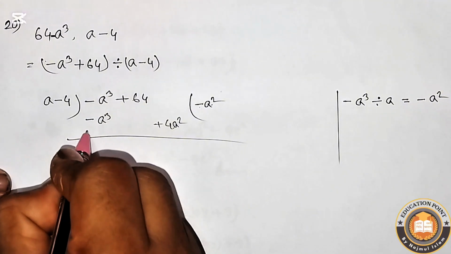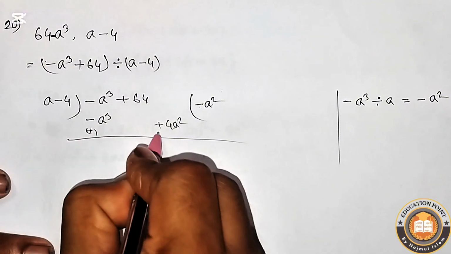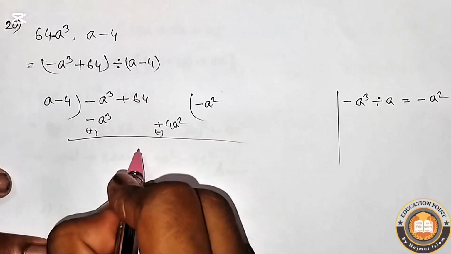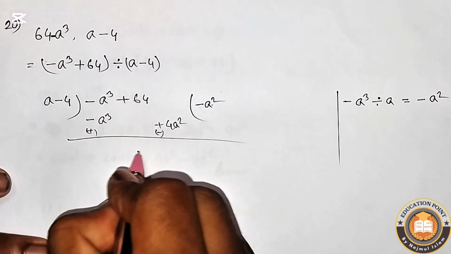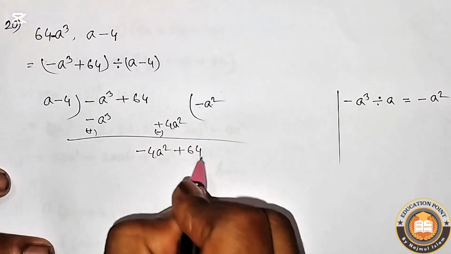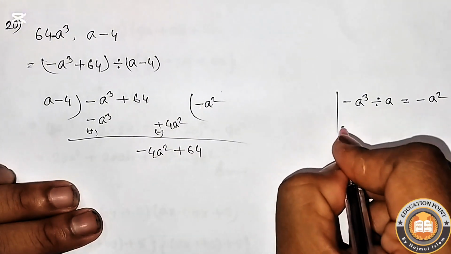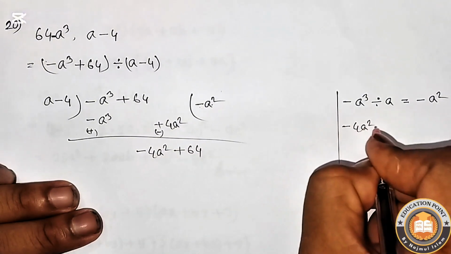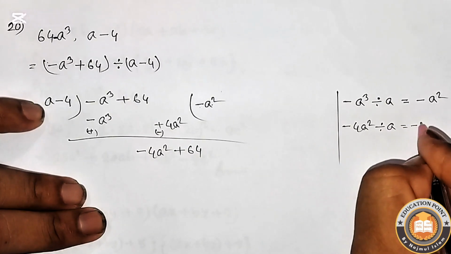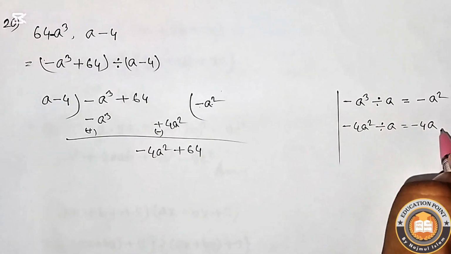According to the division law, their symbol will be changed. Minus a cube plus a cube equals 0. Then we can write minus 4a square plus 64. Now minus 4a square divided by a equals minus 4a.